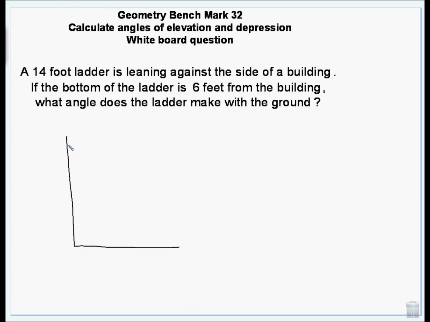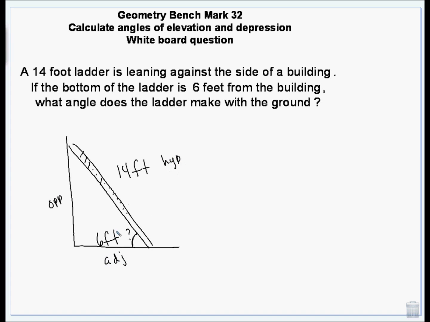We have a ladder leaning against a building. The ladder is 14 feet, and the bottom of the ladder is 6 feet from the building. We want to find out what angle the ladder makes with the ground. Well, I have the tangent of my, sorry, not tangent. I'm using tangent so much I think everything is tangent. What I have here is opposite, adjacent, and hypotenuse.